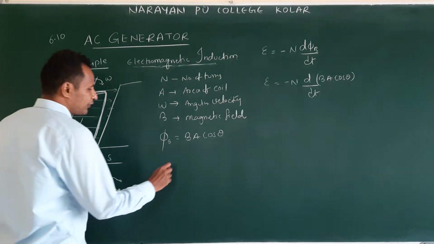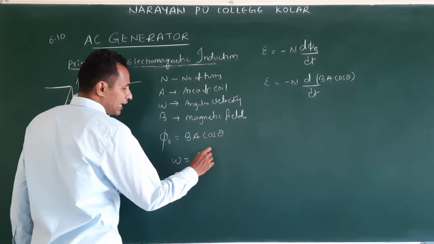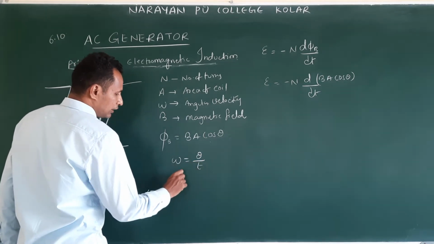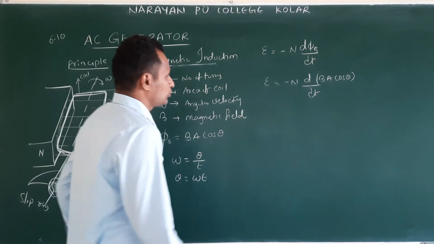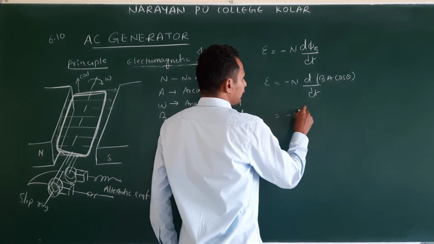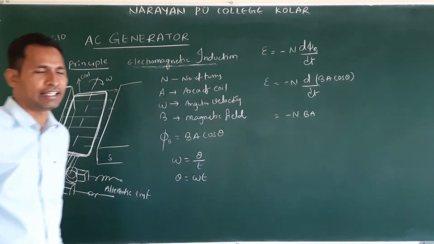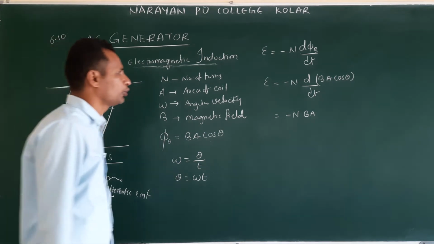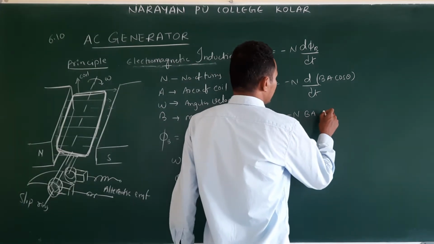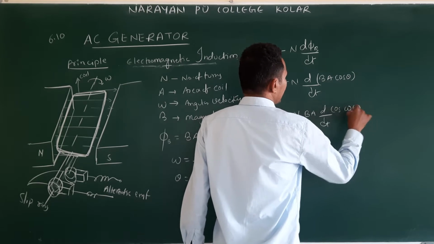But here the coil is rotating with angular velocity. How do we write angular velocity? Omega is equal to theta by t, angular displacement by time. Theta is equal to omega t. Now this will be minus N, B and A are constant. We are not changing magnetic field and area. We are rotating, so the angle is changing. So this is d by dt of cos omega t.